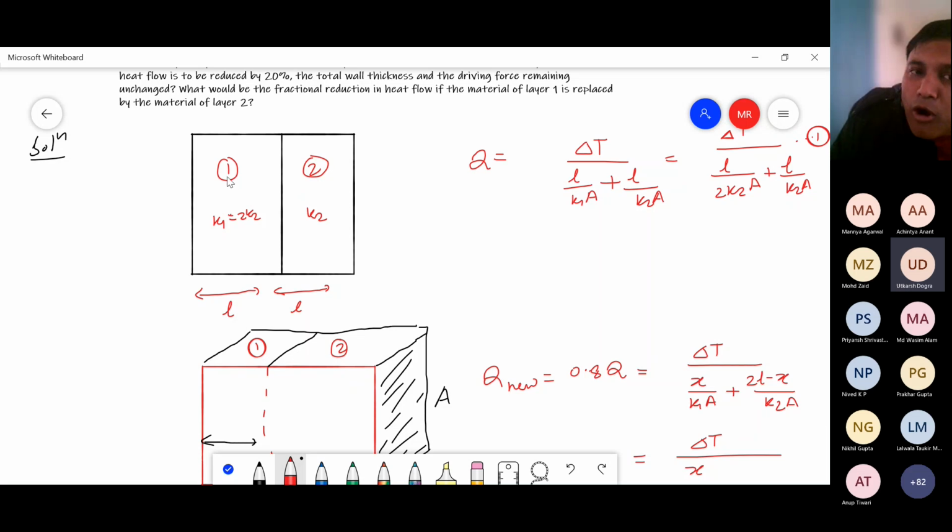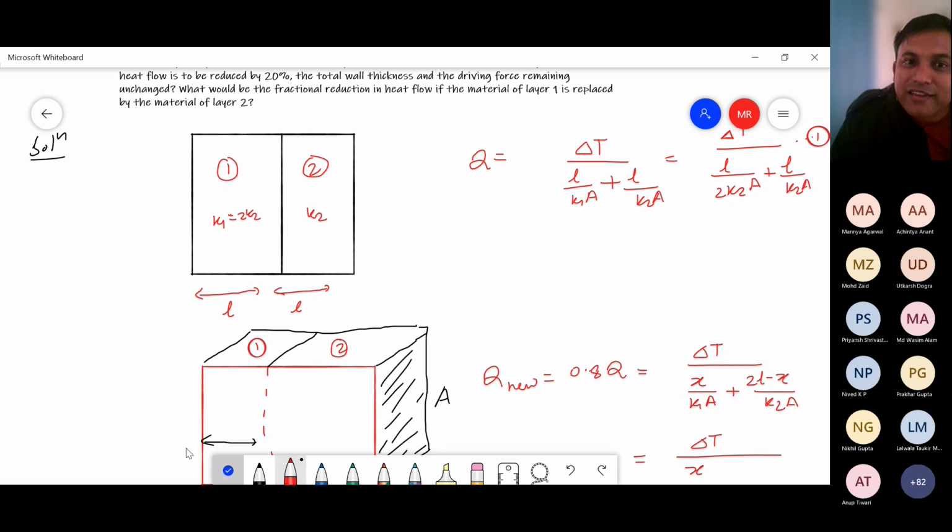We are not saying that the volume of block 1 is going to remain the same, or the volume of block 2. We are saying that this complete block volume, total of 1 and 2, is going to remain the same. But the interface in between is going to move. That means the thickness of one block is going to reduce, but at the same time the same amount of thickness will be added to the second block. That is what we are saying.